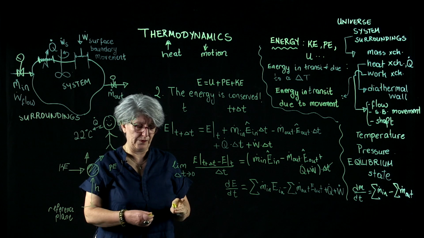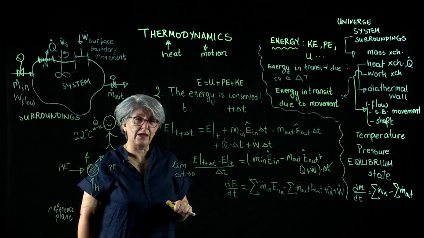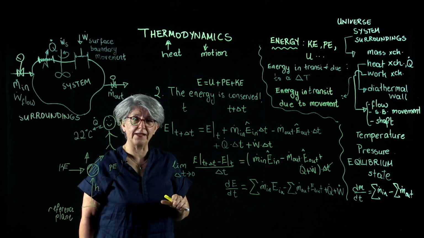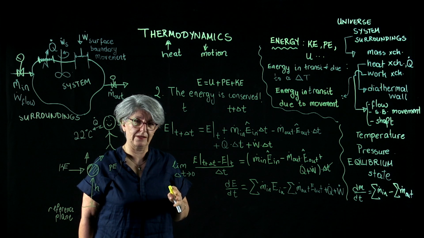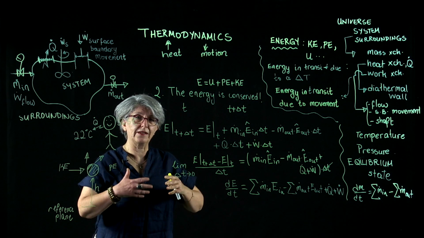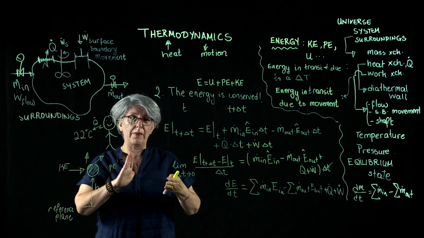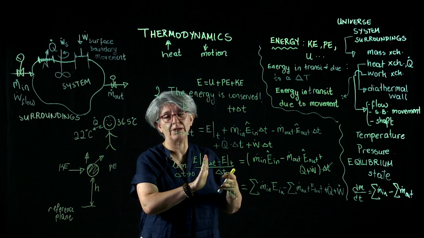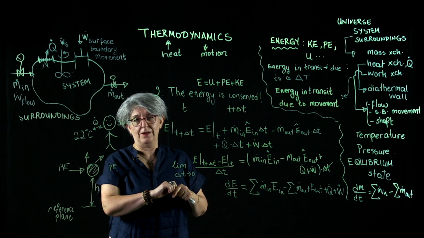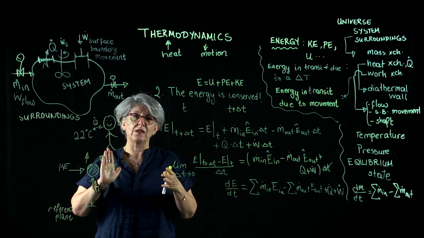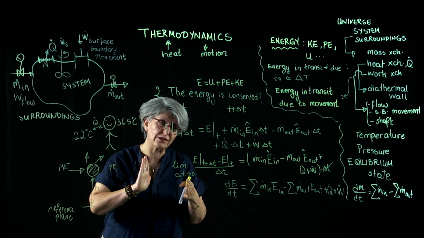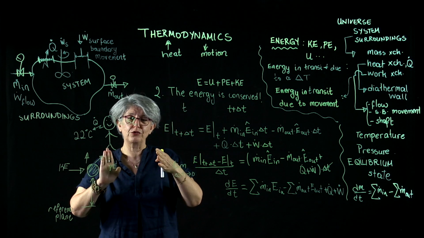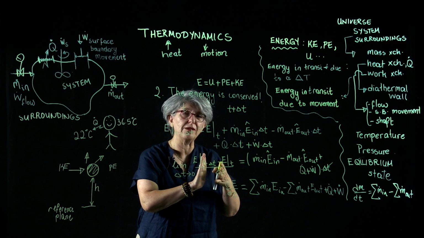Flow work is the wind generated by a subway in its tunnel, or the work that a fluid has to do in order to cross the system boundaries.